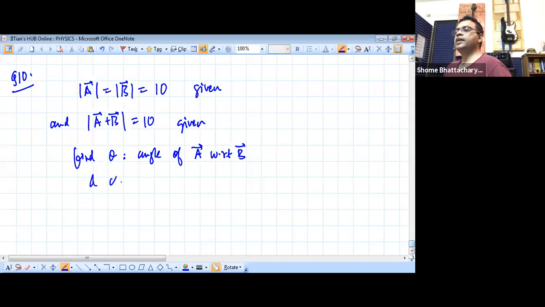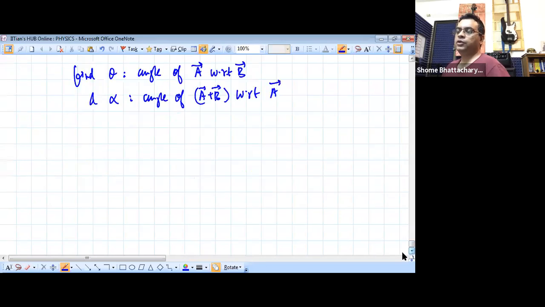And we also want to find alpha, the angle of the resultant with respect to A. No, it will be 120. I'll explain why the answer is 120. See, if you think about it, okay. Now this is the thing.